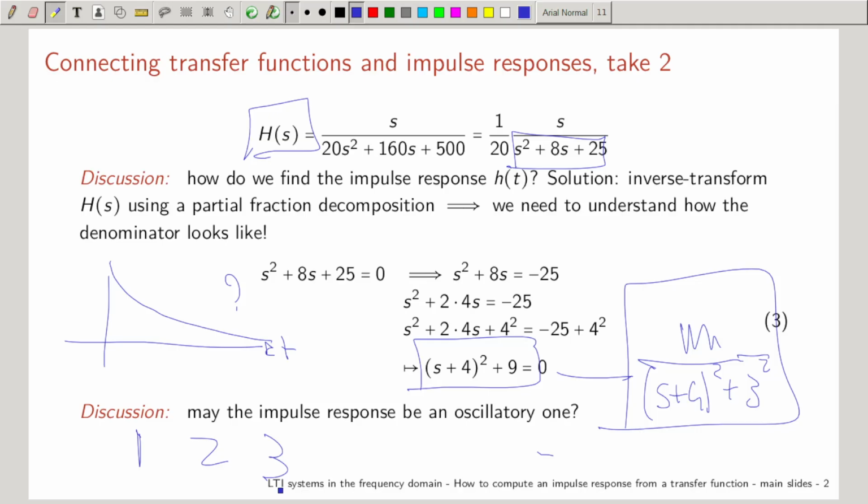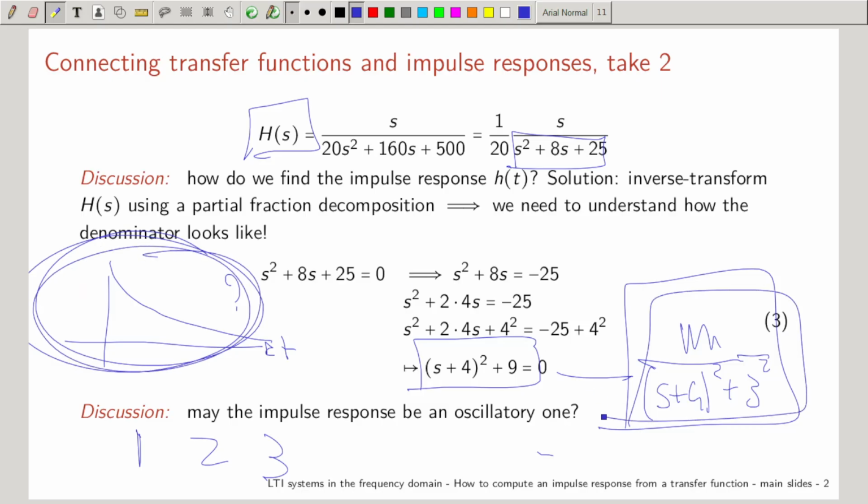If I have H(s) that I can rewrite as something over (s plus 4) squared plus 3 squared, can h(t) be an exponential like this? The answer is no, because this one doesn't look like this one.